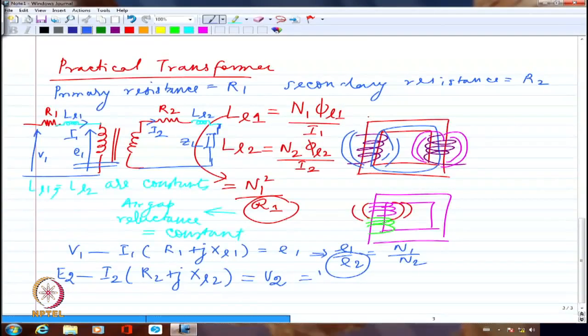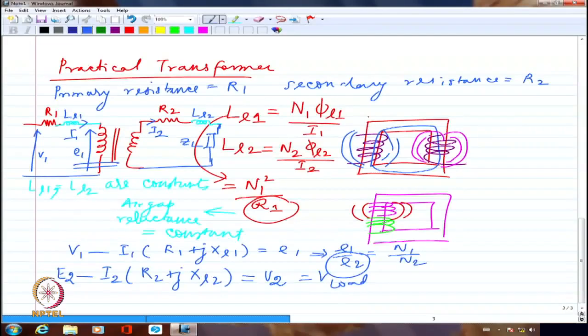This is also V load. So V load clearly is less than E2. So I have two sets of voltage drops. One is in the primary resistance and leakage reactance. Another one is secondary resistance and leakage reactance. Only after both these drops, whatever is available goes to the load.